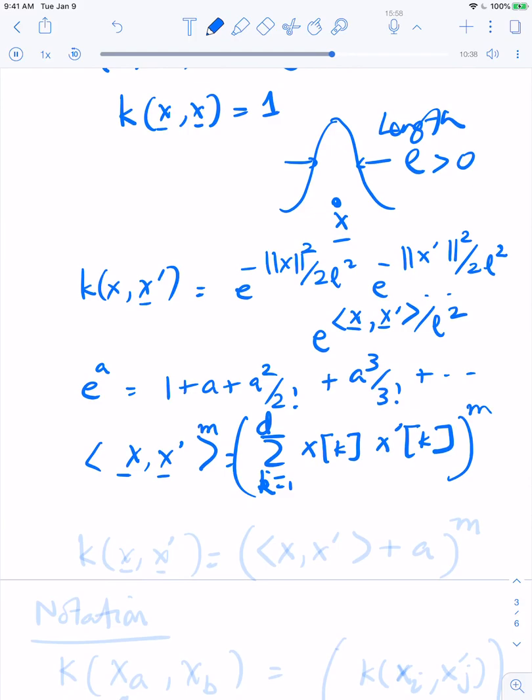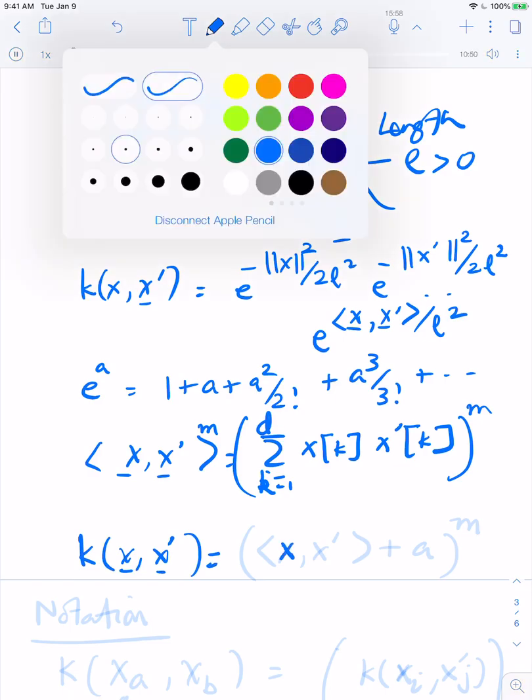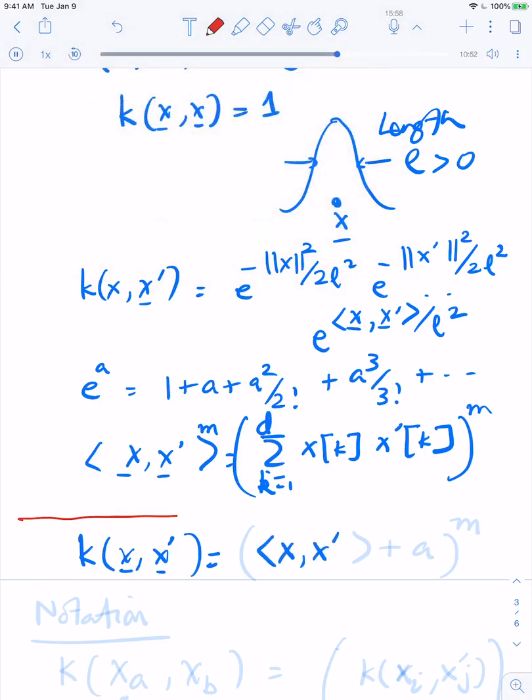Another kernel that you can use if you're just interested in polynomial terms up to a certain degree is, for example, k(x, x prime) equals the inner product of x and x prime, and I'll allow myself to raise it to some power.